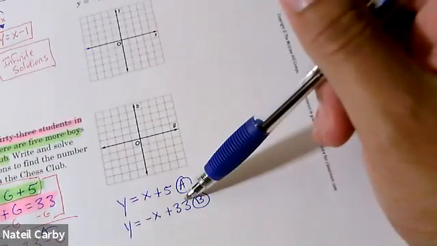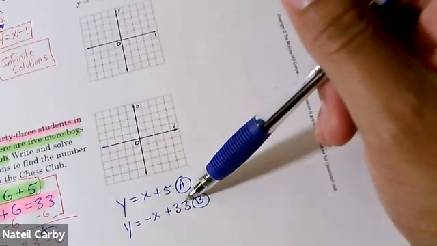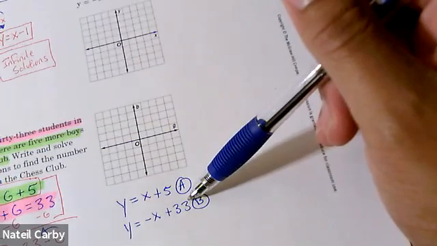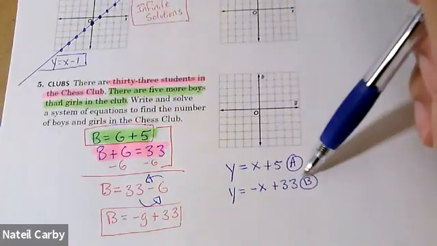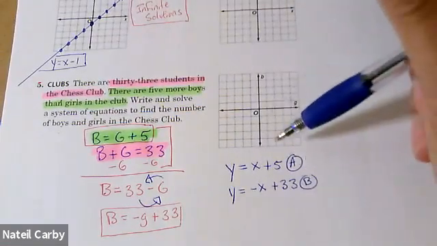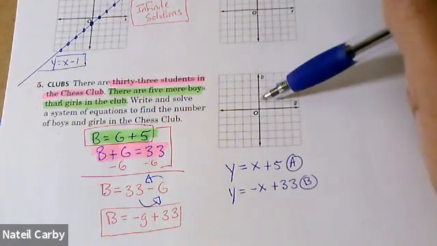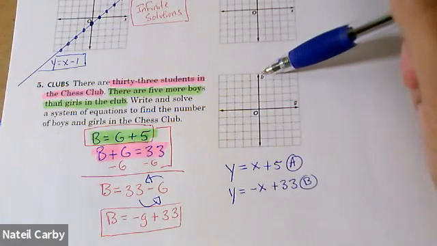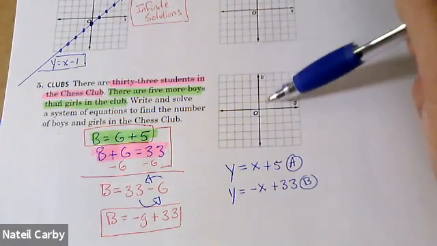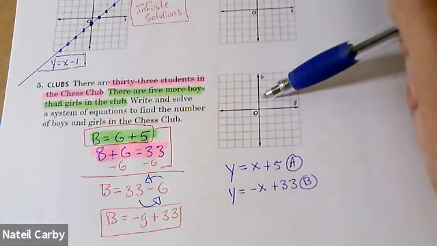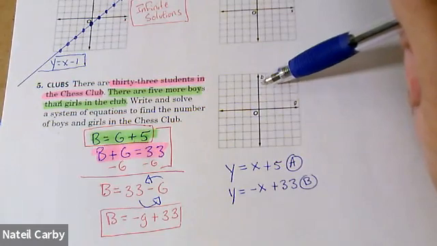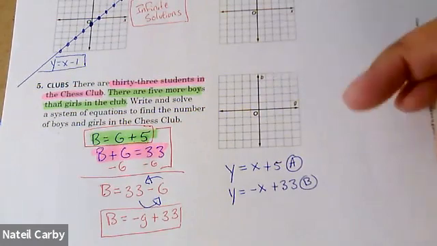Now, how in the heck am I going to do something like this when I have 33 as a y-intercept? Okay, so be smart and use a scale that makes sense. So 1, 2, 3, 4, 5. I guess I could count by 6s. 6, 12, 18, 24, 30. Still not high enough.